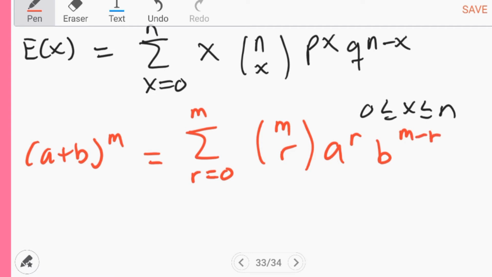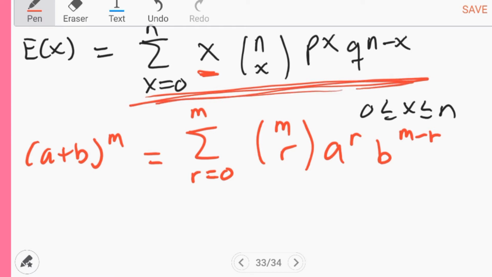So in the absence of this x, we could have written this whole expression as (a plus b) to the power m. Because x is posing a restriction, we have to expand this expression to get rid of the x so that we can use the binomial expansion theorem.